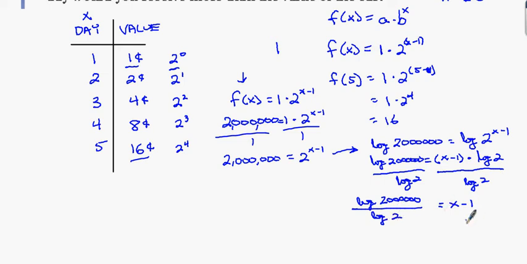And then I simply add 1 to both sides of the equation. So my final would be x equals log 2 million divided by log 2 plus 1.